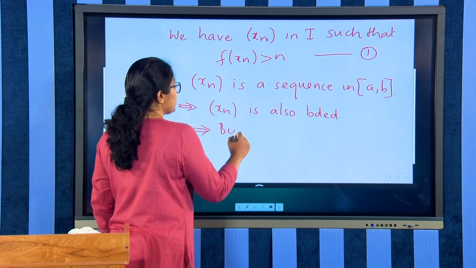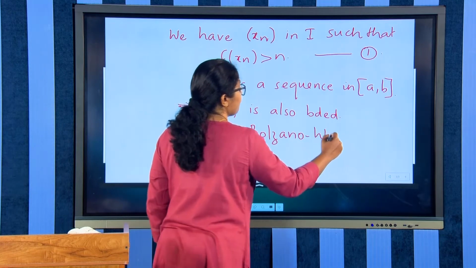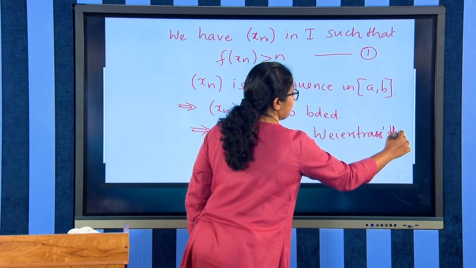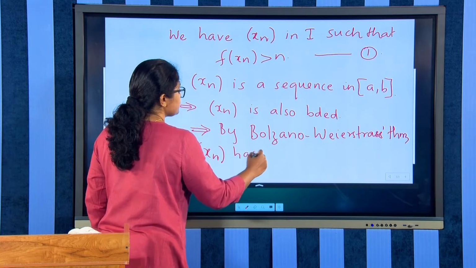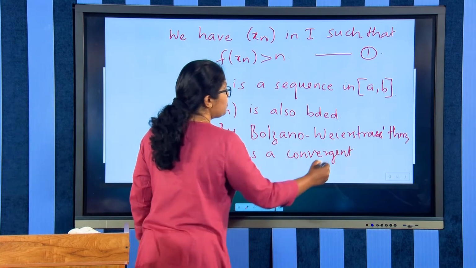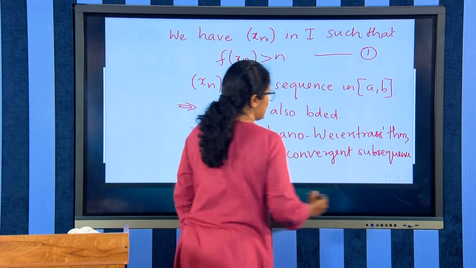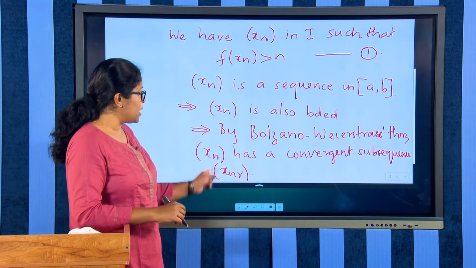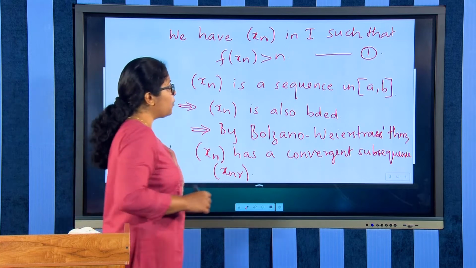So, by the Bolzano-Weierstrass theorem, the sequence x_n has a convergent subsequence, say x_{n_r}.